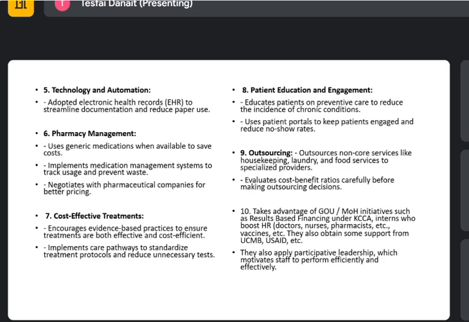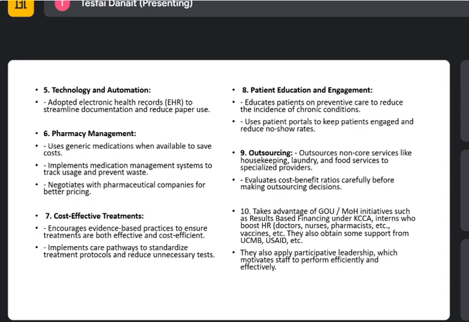Then technology and automation. And the doctor said we should give live examples. Before automation became a thing here in Uganda, especially in our hospitals, you know how we used to register at the front desk office, and then the front desk has to take the papers to the insurance cashier, and then to the triage, and then to the doctor, and then to the lab.